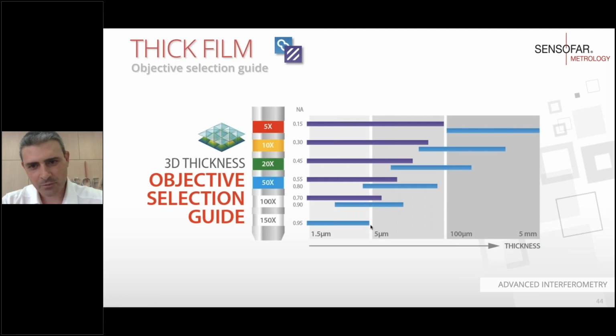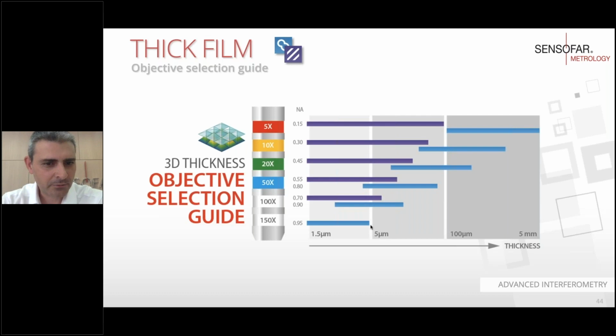But again, as with any technique, there is a bottom limit and a top limit for every objective. The reason for the top limit is that every time we are focusing through a transparent material, there are some optical effects that decrease the usable amplitude of the axial response, and there is a point where this amplitude is so low that we are not able to see anything.